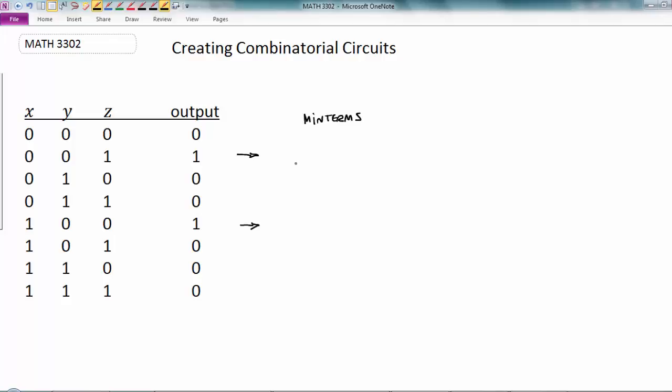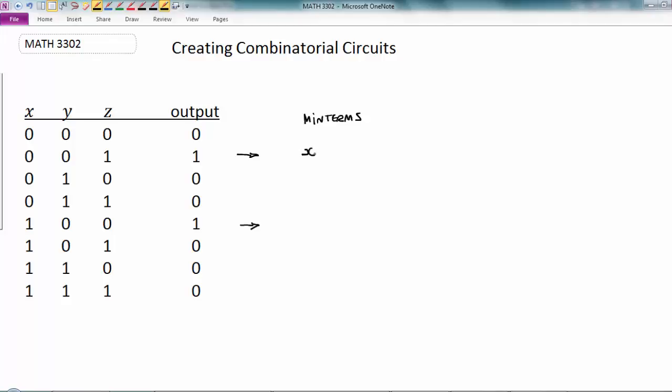The minterms are very easy to construct. If the input has the value 0, then we use the complement of the variable. And if the input has the value 1, then we use the variable. All of that with the gate AND.